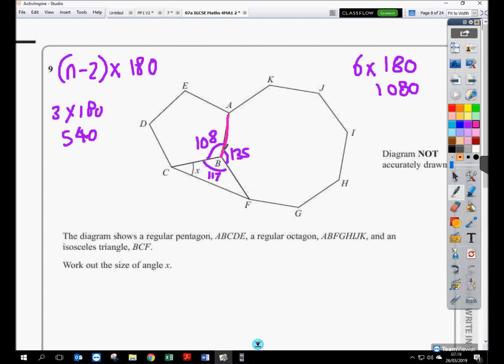So all the sides of the pentagon are the same as all sides of the octagon, which means this is equal to this one, which means this is an isosceles triangle. The way that you work out the base angles of an isosceles triangle is you subtract 117 from 180 and then divide it by 2. So when you do that, angle x is 31.5 degrees.